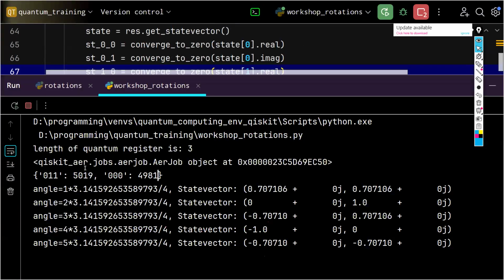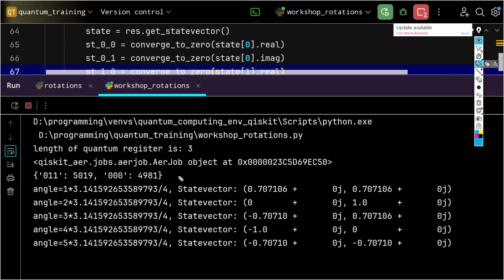After I perform a rotation, I rotate my state vector. So this is angle 1 times pi over 4. I obviously did not shorten this notation, I'm sorry.